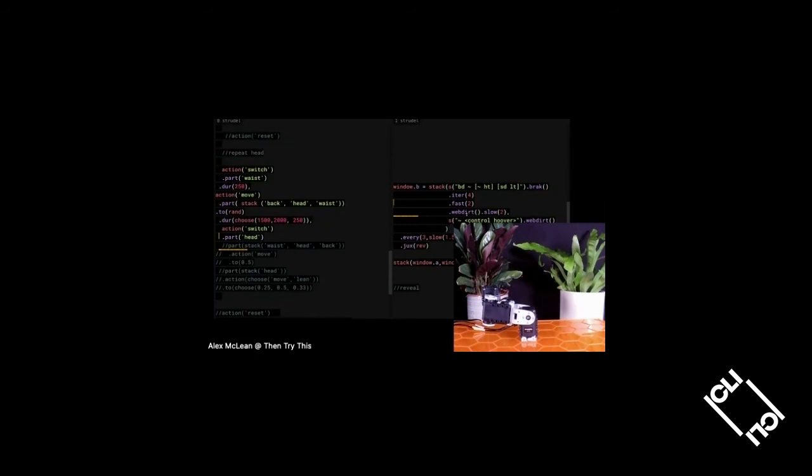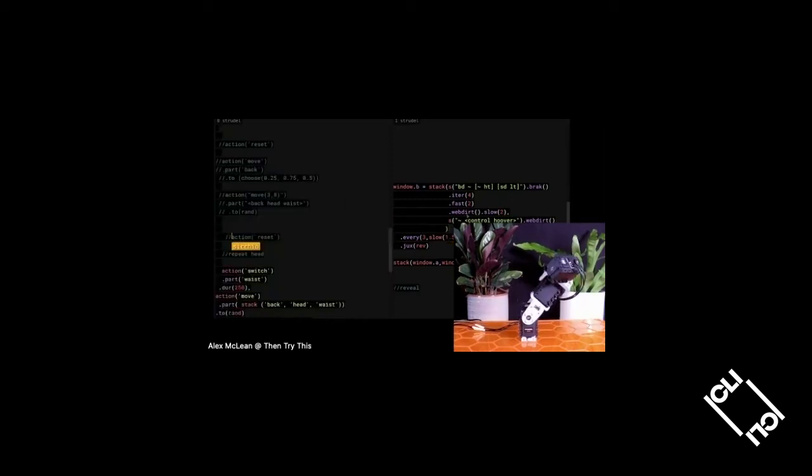Switch your waist over 0.25 seconds. Move your waist to 29% over 1.5 seconds. Switch your head. Switch your waist over 0.25 seconds. Move your waist to 99% over 0.25 seconds.